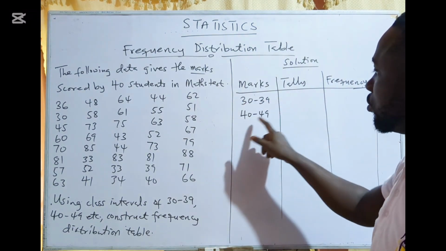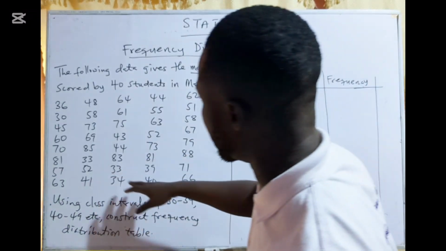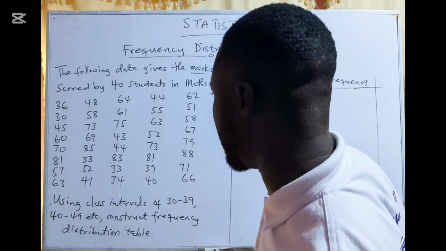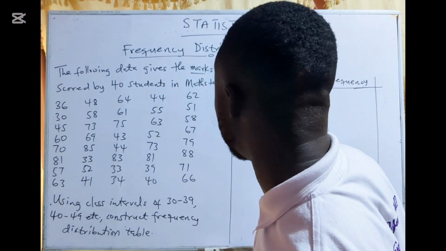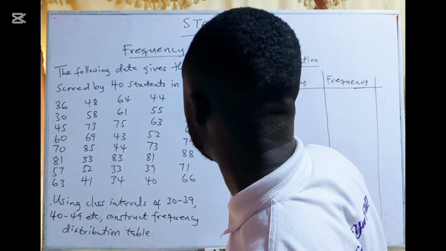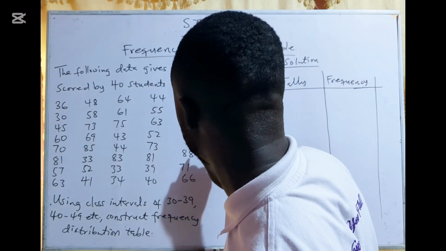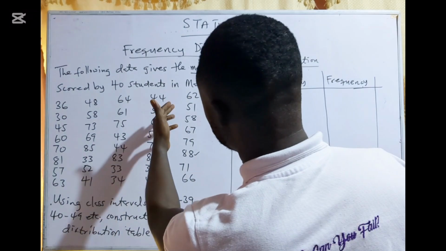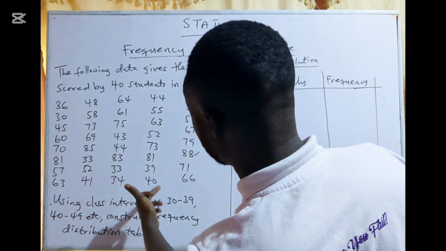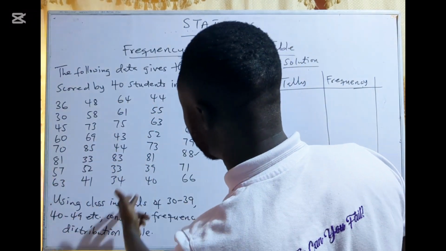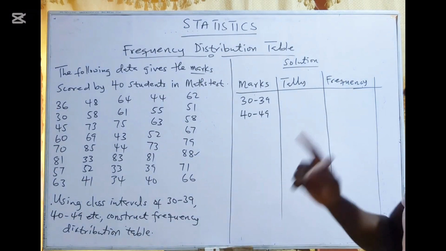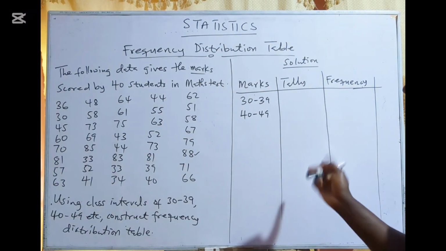If you look at the values, we have 50 there, 60 there, and the highest value there is within the range of 80, 88. I don't think we have 90 there. There is no 90. It means that we are going to end at 80 to 89.